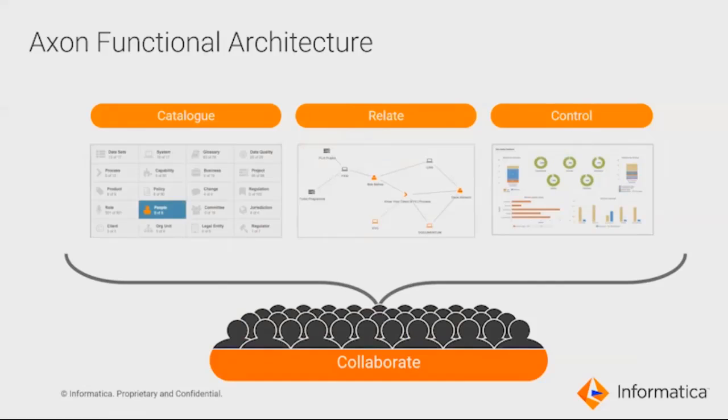Axon has a framework to relate data between the facets, and the relationships are manually added to the data when it is uploaded. Axon also provides, through dashboards, control over how data is managed and how data quality metrics are displayed within your data governance initiative. Those things can be achieved using Axon dashboards.